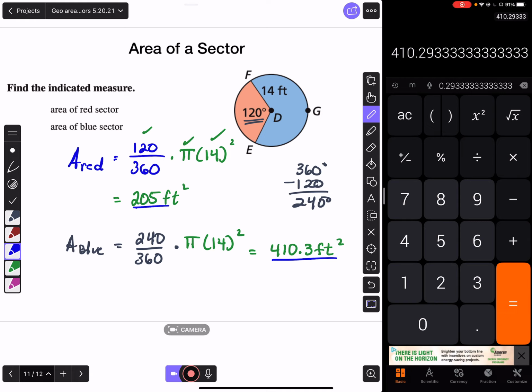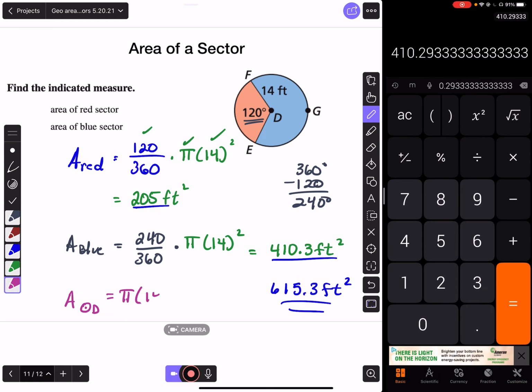So the red one and the blue one in total looks like it gives us a total area of 615.3 feet squared. Now we didn't have to find that out, but I'm doing this as a check, because the area of the red plus the area of the blue should equal the area of the entire circle. So the area of the entire circle D would be equal to pi times r squared.